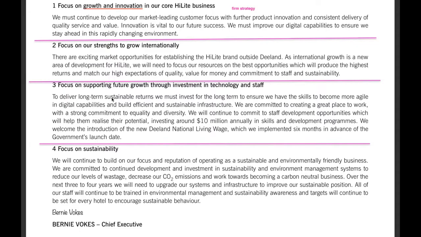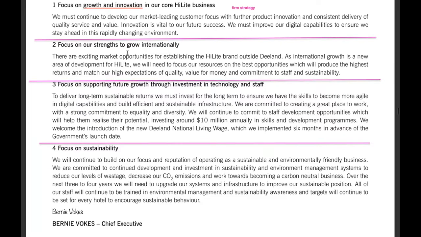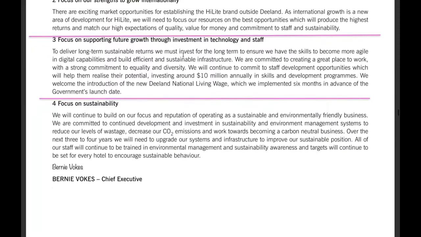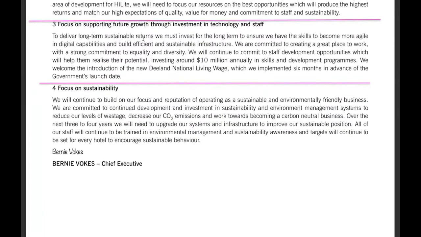So basically, you have a lot of firm strategy. You are here to deliver long-term sustainable returns, so you must invest for the long term to ensure we have skills to become more agile in digital capabilities and build efficient and sustainable infrastructure.